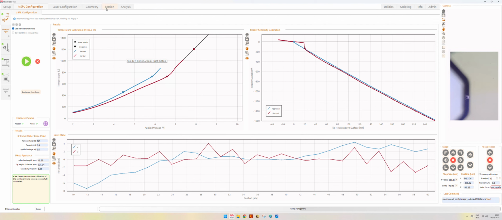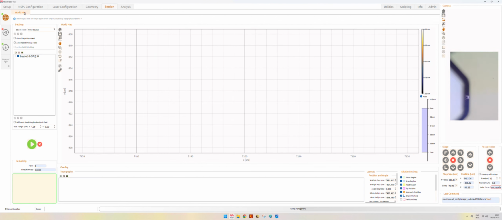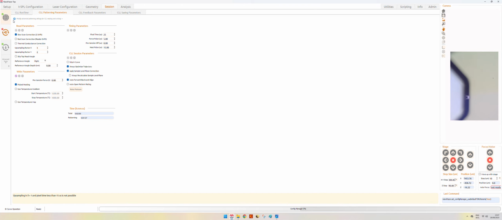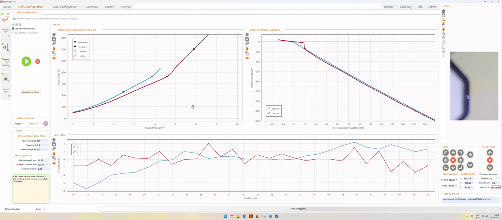Still, in the session, we can choose in the TSPL patterning parameters to always run the sample level plane in case we want to. So this is something a little bit more advanced, in case we want to have the sample level plane every time we pattern, but it's not really required.